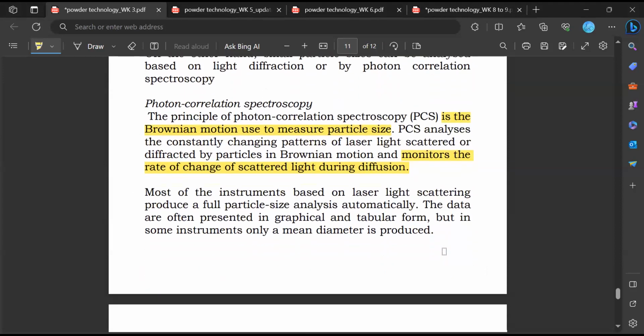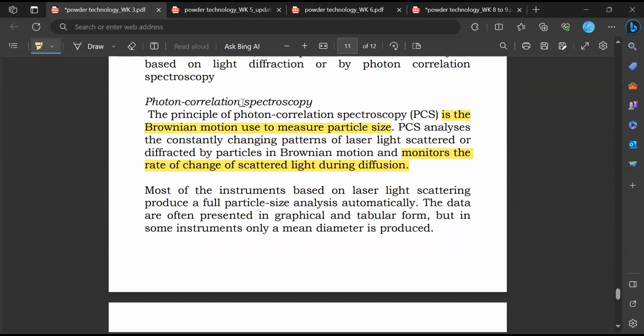Then the second one is photon correlation spectroscopy, which uses Brownian motion to measure particle size. These particles go through Brownian motion, and it monitors the rate of change of scattered light during the diffusion.